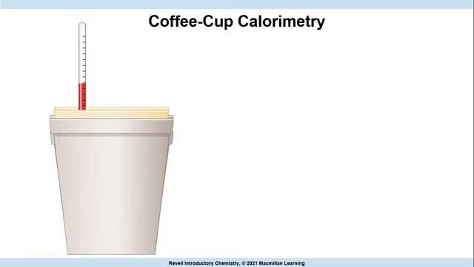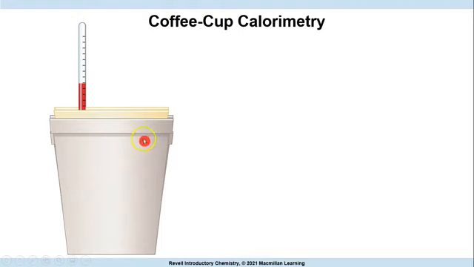With the coffee cup calorimetry, it involves a coffee cup which is really insulated, and it doesn't allow the exchange of heat between the system and the surrounding. So the heat that is found in this system will not be given out to the surrounding.